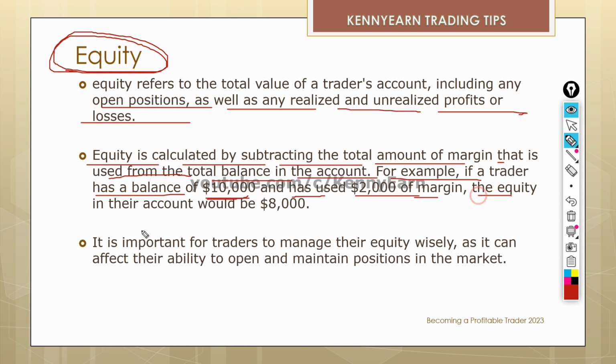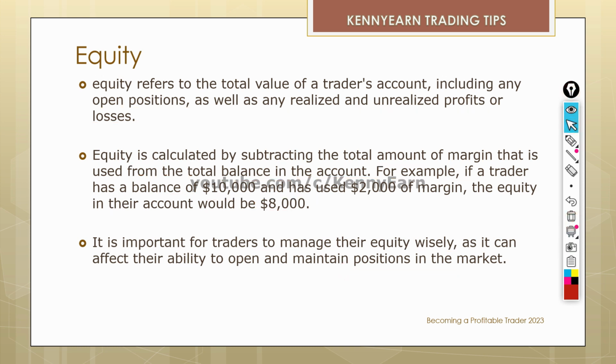So the equity in the account would be $8,000. So if you use $2,000 to trade, your equity will be $8,000. What is left for you to take more trades? So it is important for traders to manage their equity wisely, as it can affect their ability to open and maintain positions in the market.